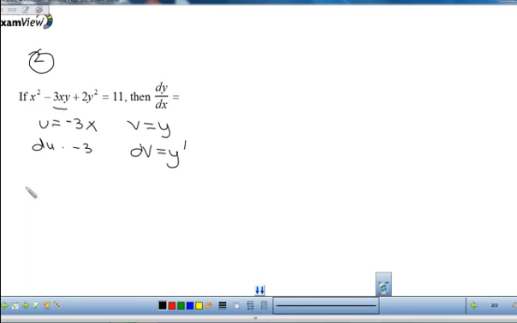So we're going to have 2x minus the derivative of u times v, plus the derivative of v times u, plus 4y y prime equals 0.